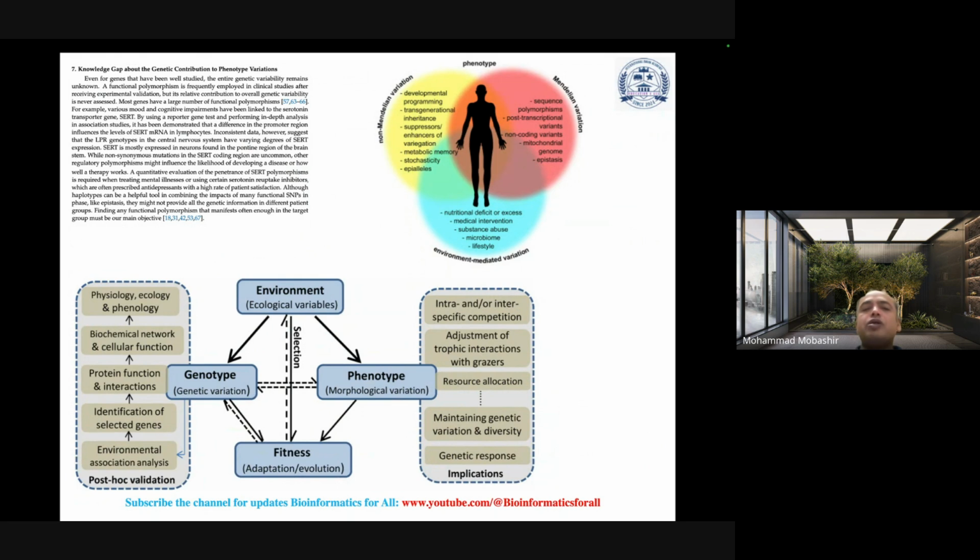So you need to think about physiology, ecology, phenology, biochemical networks, cellular functions, or you can say the deep knowledge of systems biology, of real biology, instead of just computational biology, protein function and interactions, identification of selected genes, environmental association analysis, and then you think about the environmental things, fitness and phenotype, and you can play with the computational coding and factors and the algorithms used.